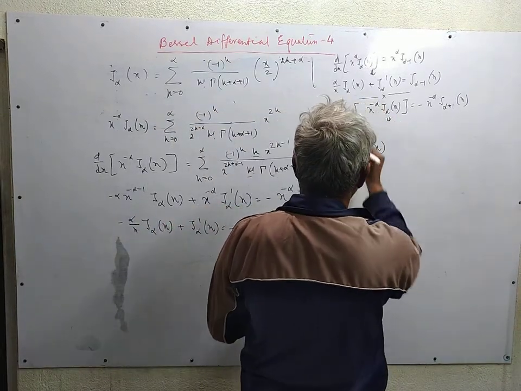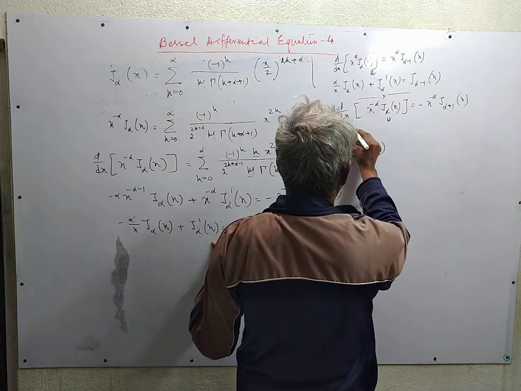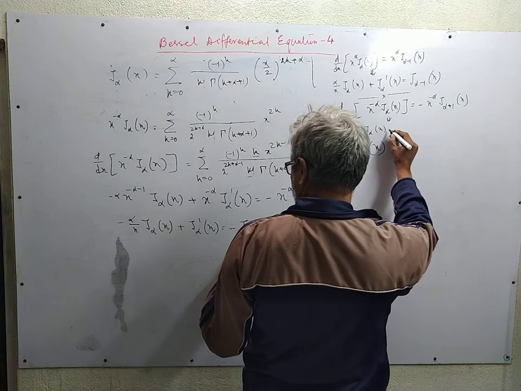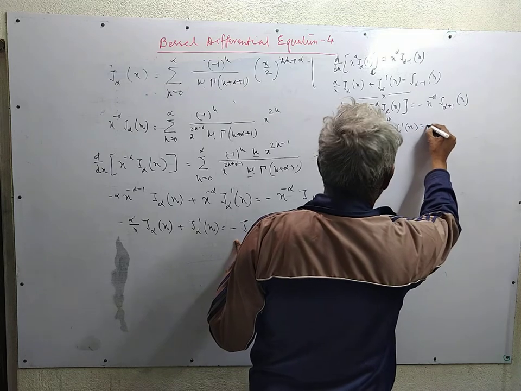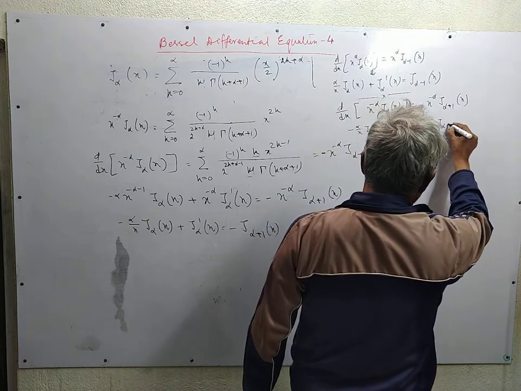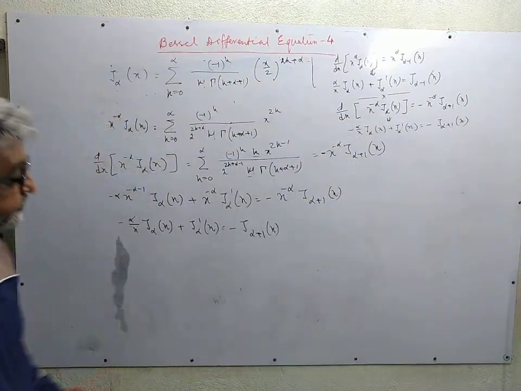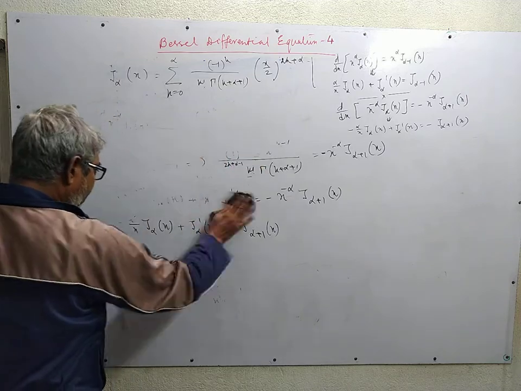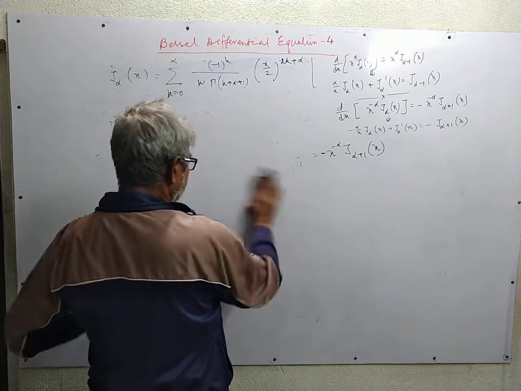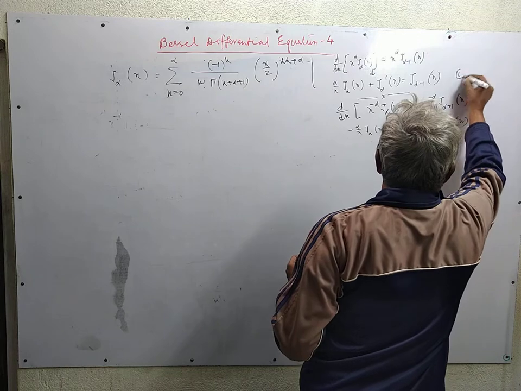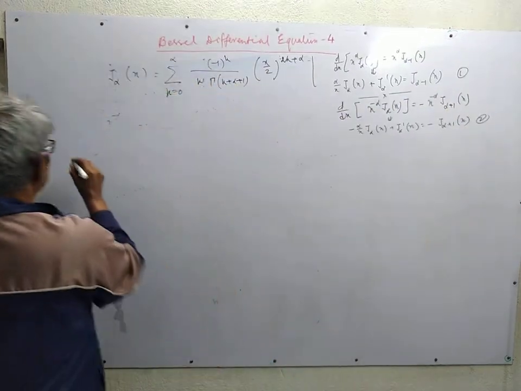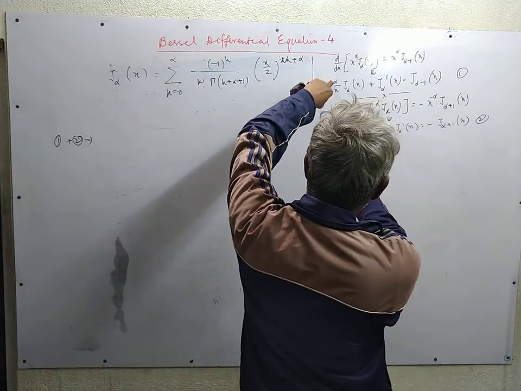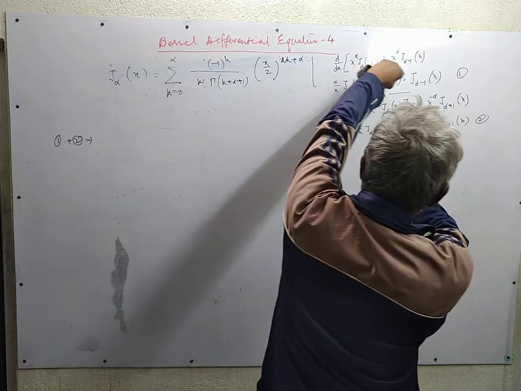So this gives you this result. Now if we add the two final results, that is, if we call this equation 1 and this equation 2, then adding 1 and 2, you see these two terms cancel out, these two add up, and this is J alpha.